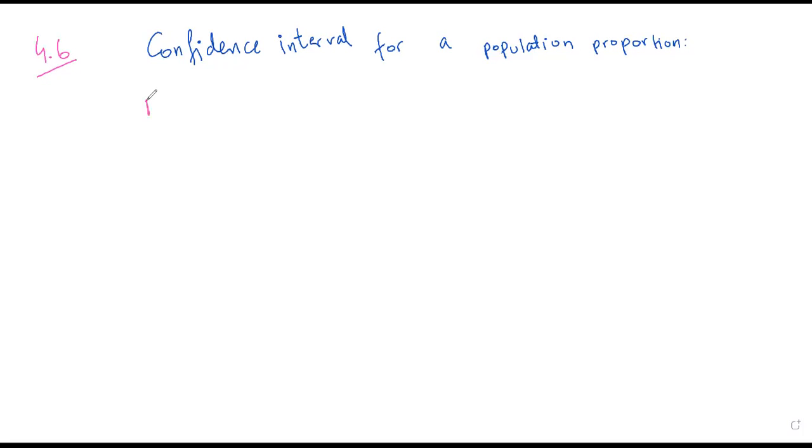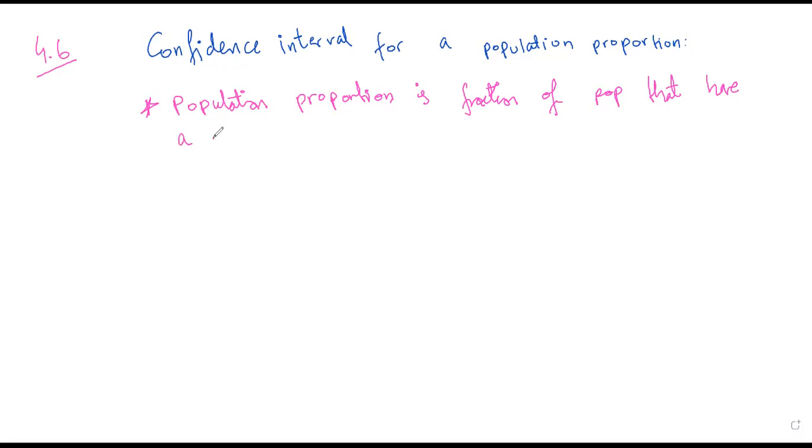So the first point is that the population proportion, it's quite self-explanatory, is the fraction of the population that have a particular feature.